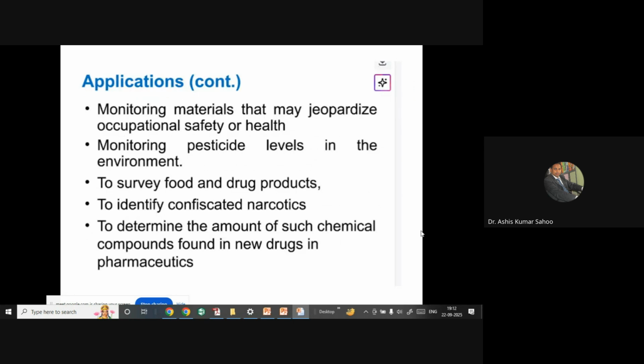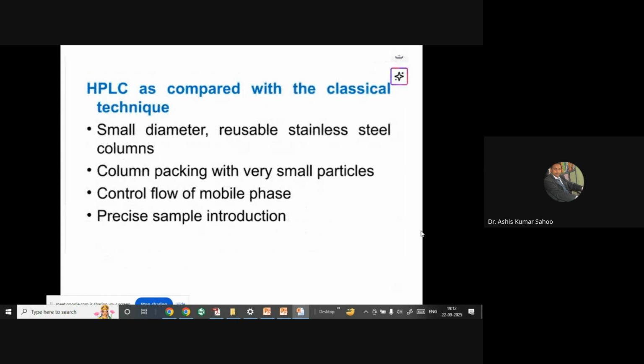Monitoring materials that may jeopardize operation, monitoring pesticide levels in the environment, surveying food and drug products, identifying counterfeit narcotics, and determining the amount of species compared with classical techniques. Small diameter, reusable stainless steel columns with plates and very small packing. So these are the different points used for columns.